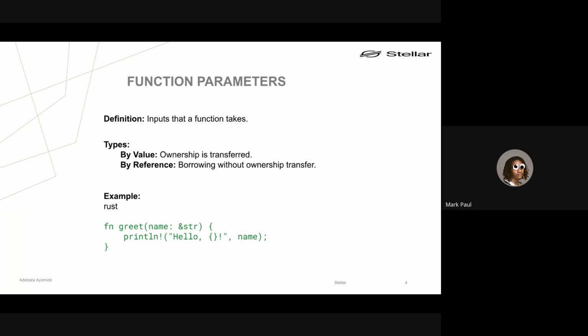For this example, we have the fn, which shows that this is a function, and then we have an identifier, which is the name of the function, greet. In some cases you have parameters, which are the things you pass into your function, like the inputs. You say, this is the input we're giving you. I want this specific output, which in our case is say hello, and then the name that is the input.